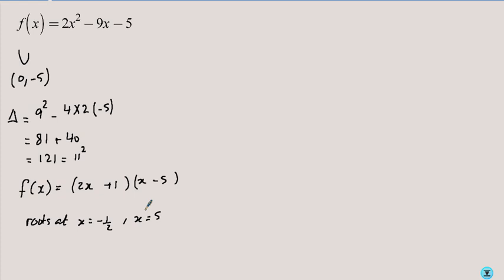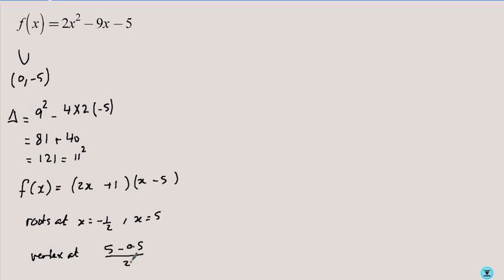So where does the vertex lie? Now you have a choice. You can either do negative b over 2a, or you can simply take the x coordinate, which is halfway between the two roots. And halfway between 5 and negative a half, the vertex is at 5 minus a half, which is 0.5, divided by 2.